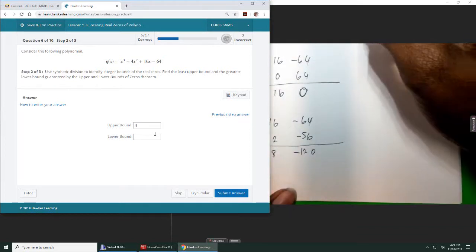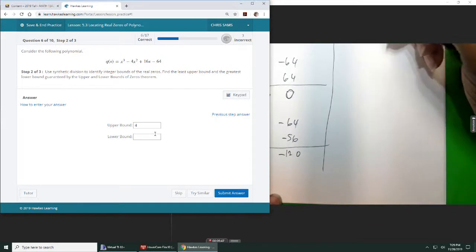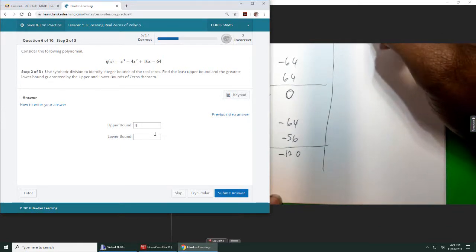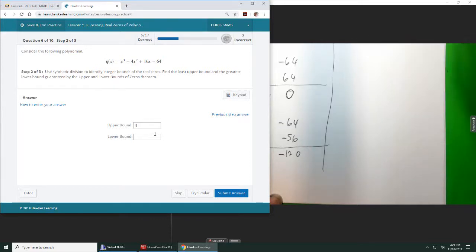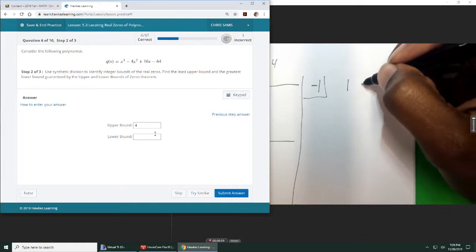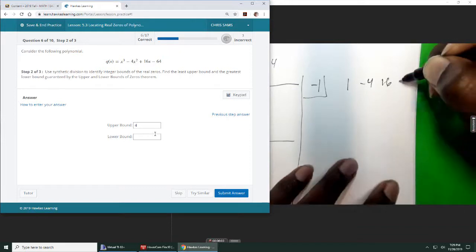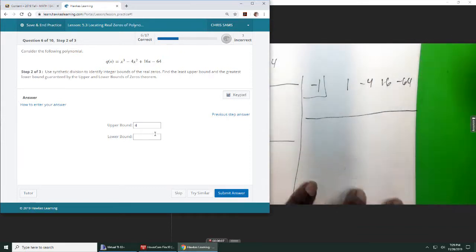Now you can always punch it in, but if you're doing certified, you don't want to try a wrong answer, then you have to do it all over again. So I'm going to try negative 1, just to make sure there's nothing smaller that works other than negative 2. So negative 1, and then my terms were 1, negative 4, 16, and negative 64. I believe it should be negative 2, but we'll see.